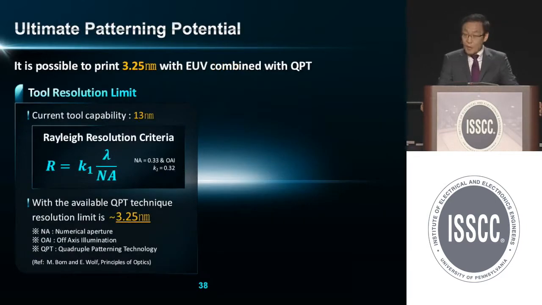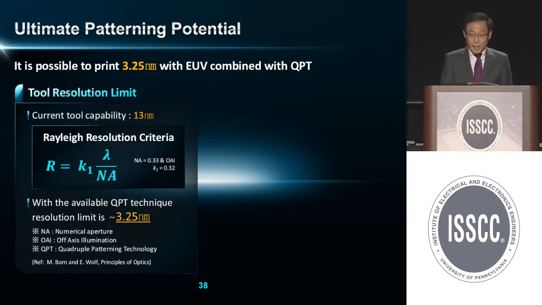On the other hand, manufacturing technology is also pushing its limit. The state-of-the-art EUV lithography is capable of resolving 13 nanometer. By combining EUV with already proven quadruple patterning technology, it is possible to print 3.25 nanometer patterns in the future.